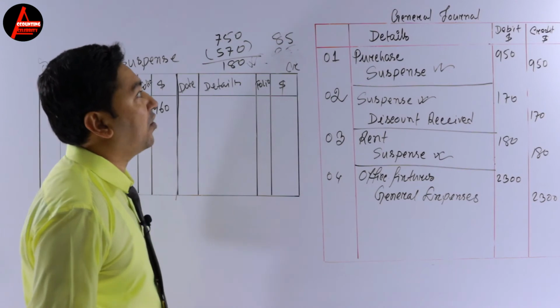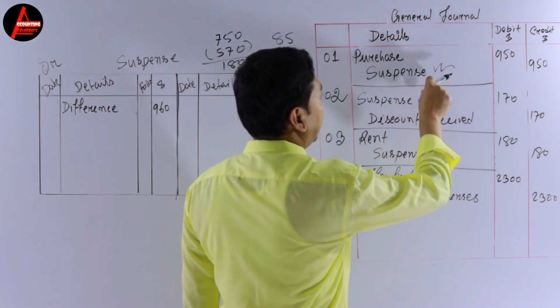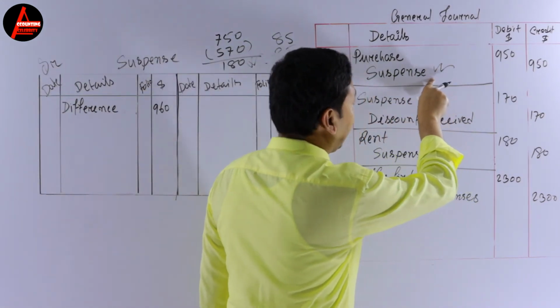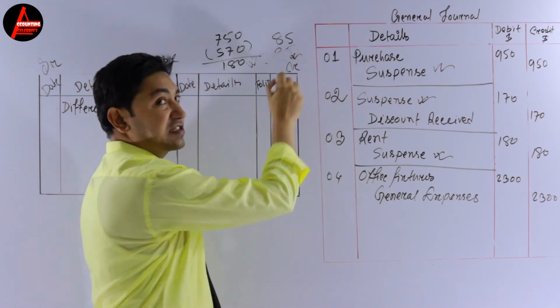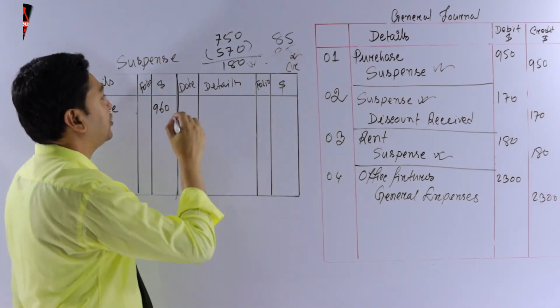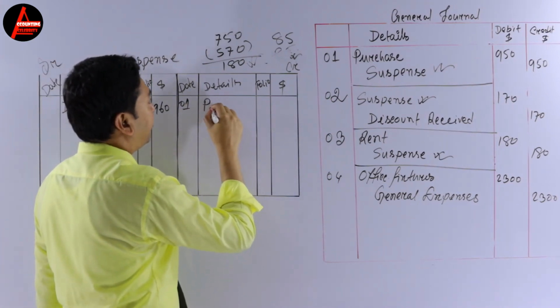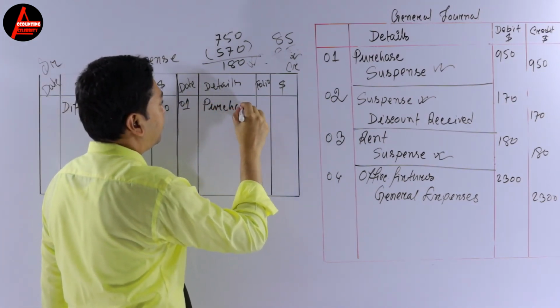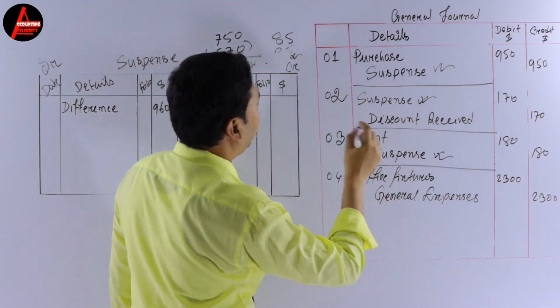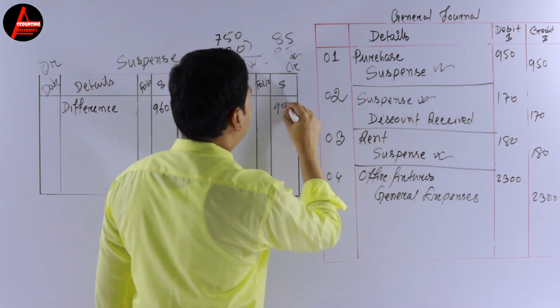So first of all we have here suspense. It is on the credit side, so we will come to the credit side. Number 1, so right here purchase, value $950.